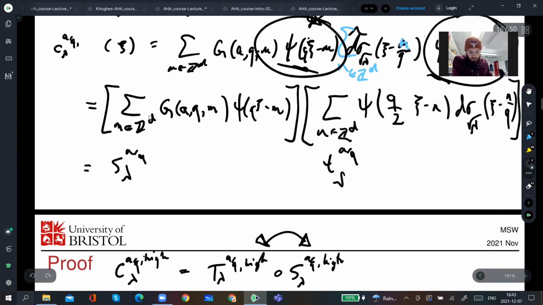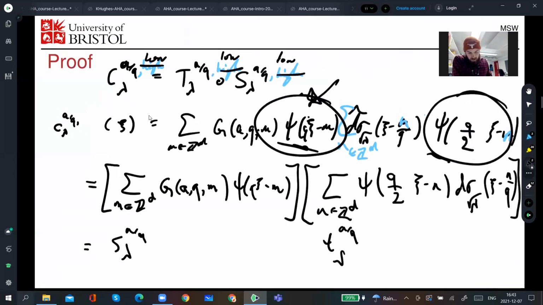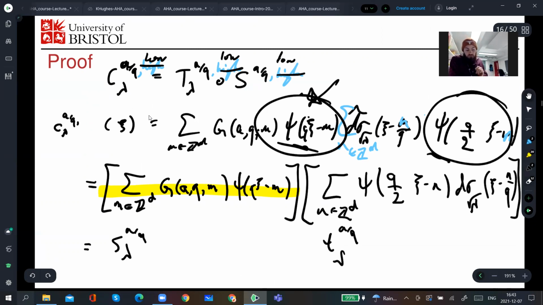But I also want to point out that S of A over Q relies on A and Q, but it has no dependence on lambda. Lambda doesn't appear anywhere over here. So actually, it's just S of AQ.